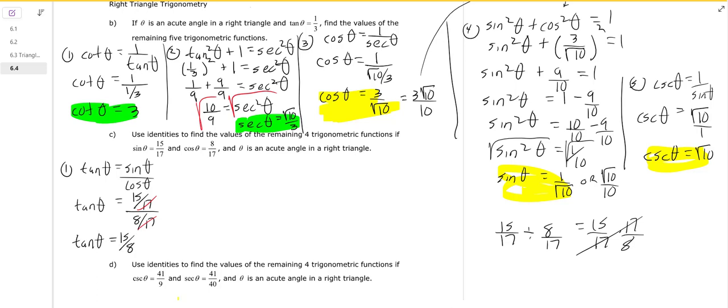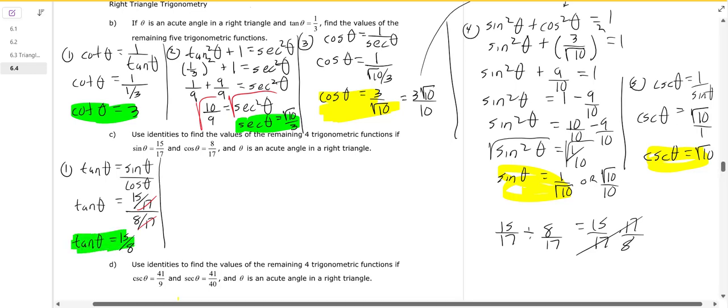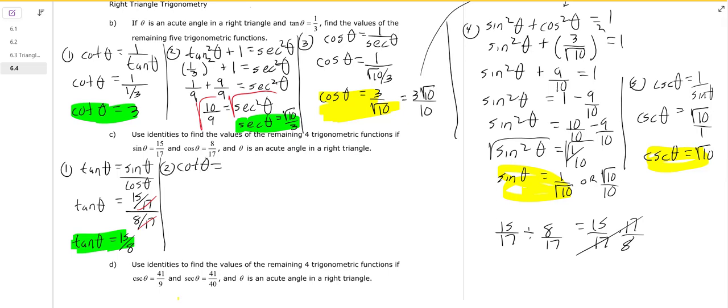Okay, and then that'll take care of one of the trig functions we're looking for. The next one we could do is the cotangent. The cotangent of theta is the reciprocal of the tangent. So you could do that in your head. That would be 8 over 15. And then what we need to do from here is find the cosecant. Well, the cosecant is the reciprocal of the sine.